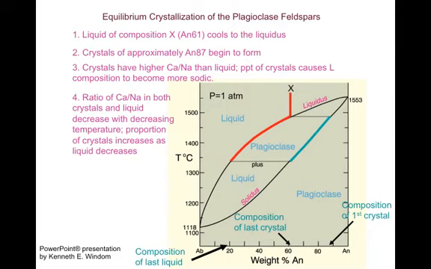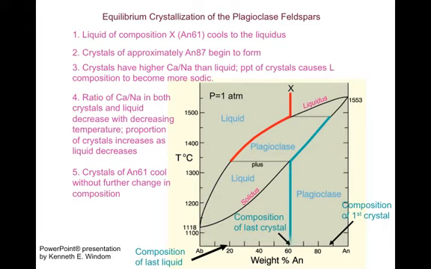To read the final composition of the liquid: the last drop of liquid has a composition of about AN20, and the final crystals have a composition of 61% anorthite, just like the original composition of the melt at X. So the final crystals in this system are crystallizing out at 61% anorthite.